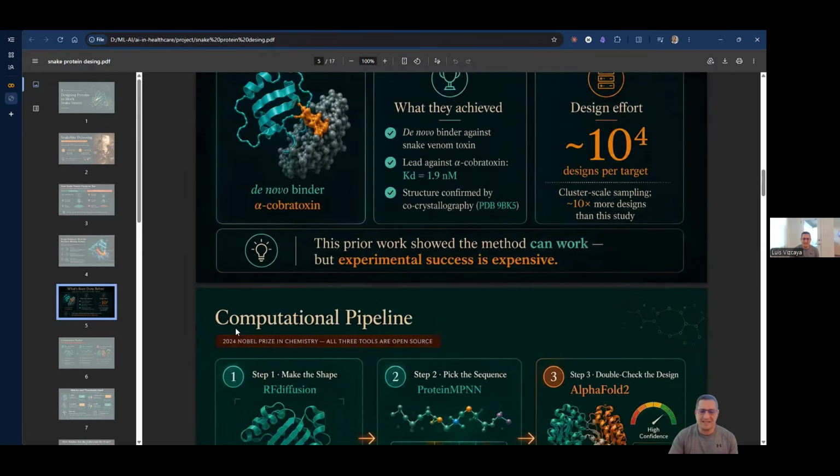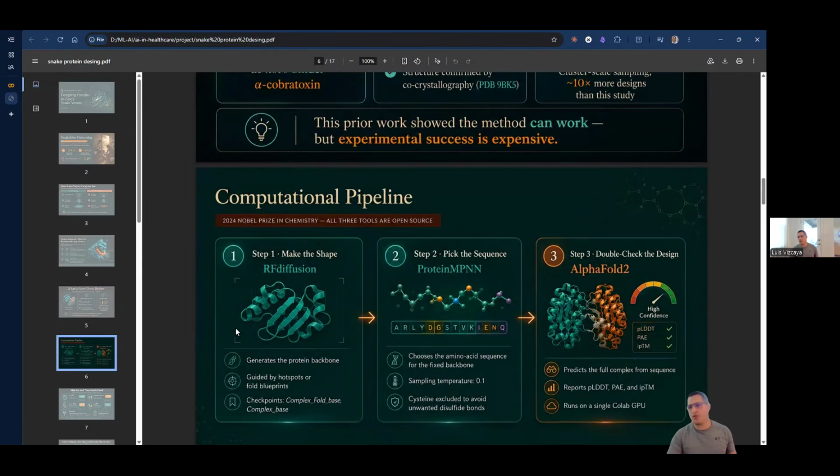The computational pipeline for building this protein is basically, the first step is RFdiffusion, which creates the shape called the backbone for the protein. It's just the shape, it doesn't contain any amino acid.